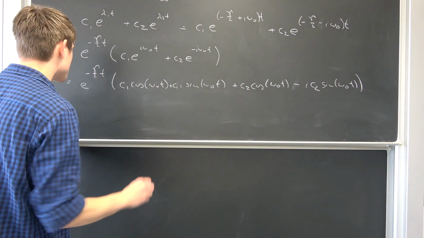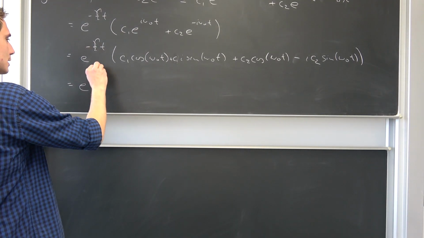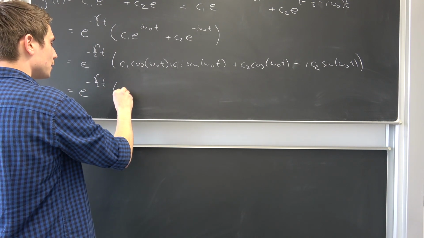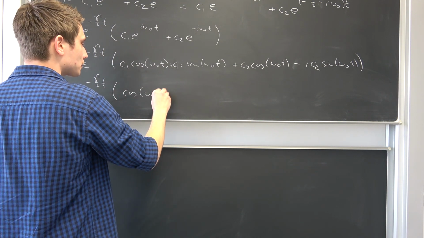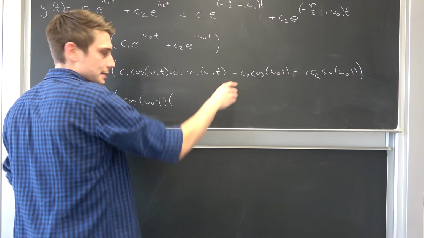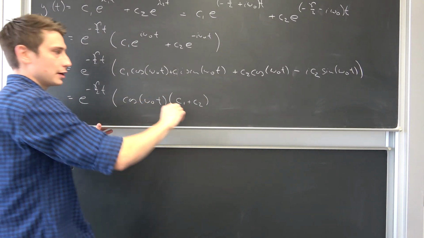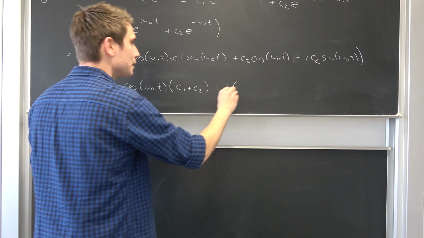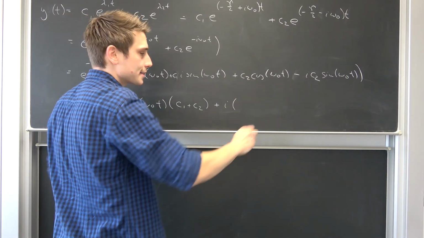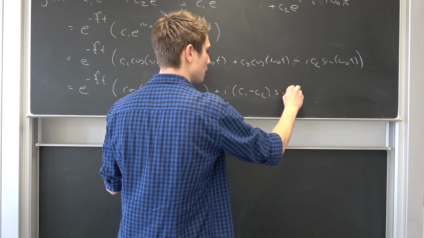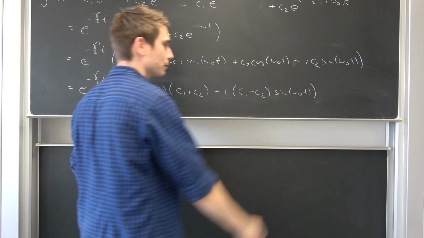We can collect terms overall. So this is e to the negative gamma over 2 times t times, on the cosine part, we are going to have C1 plus C2. And on the next part we have this common factor of I times C1 minus C2 times the sine of omega naught times t.